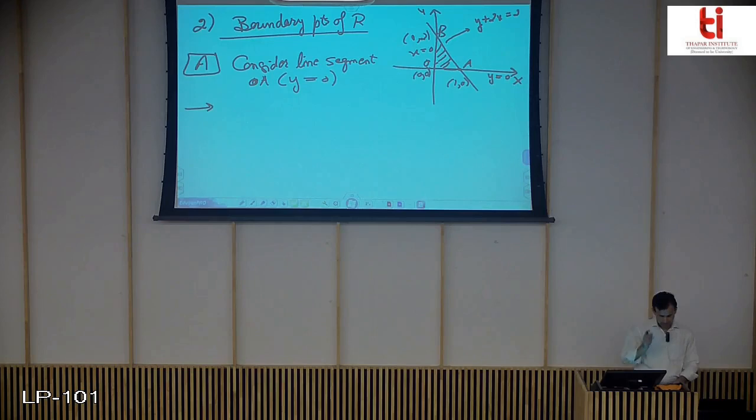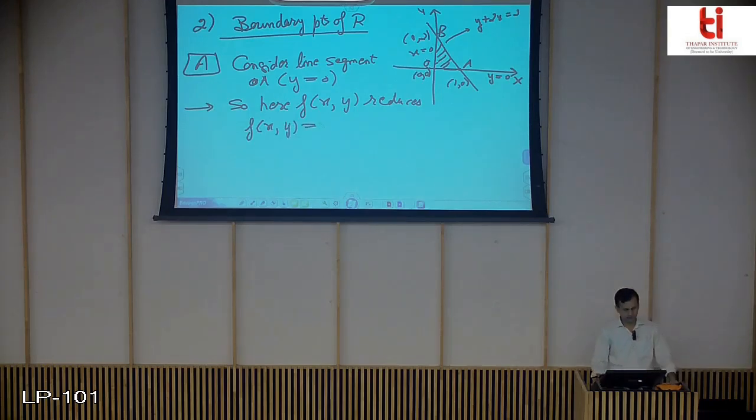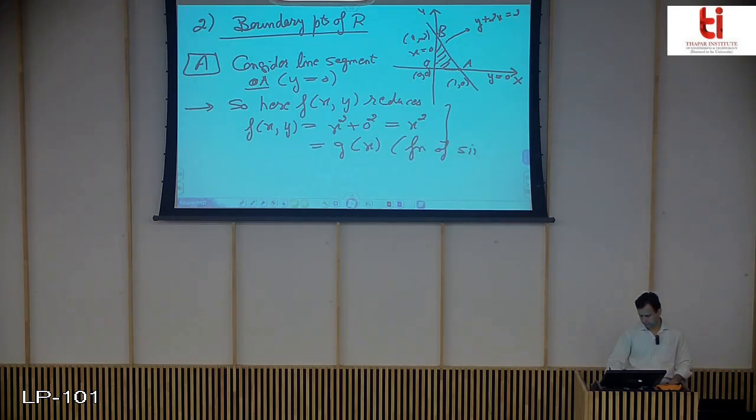Here f(x,y) reduces to, since you have the equation of line segment OA as y equals 0, x square plus 0 square, that is x square, and this is simply a function g(x), a function of a single variable.